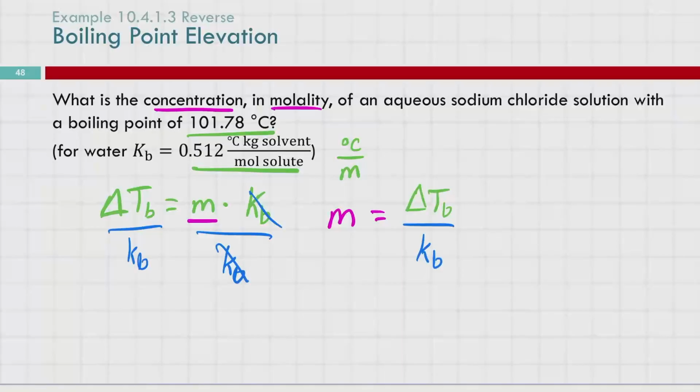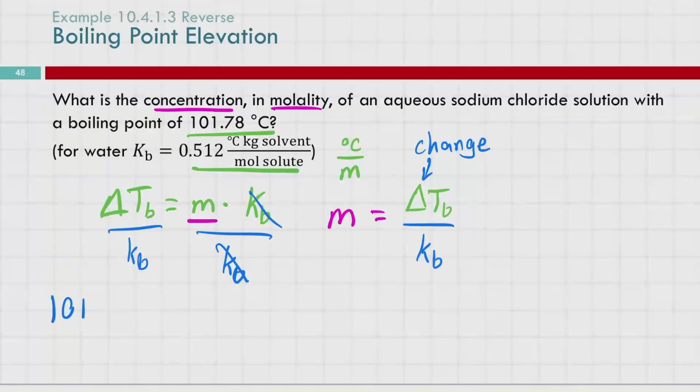Do we have delta TB? What's the delta mean? Change. Delta means change. Do we have a change in boiling point? No, we don't. We have TB.